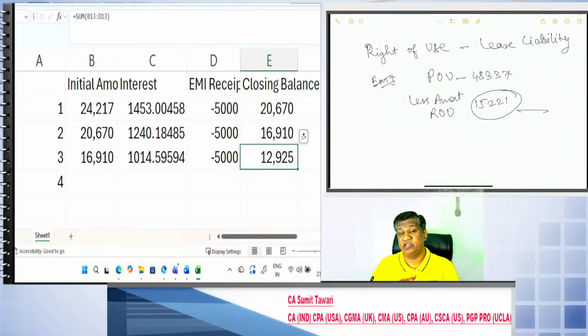So it will not affect. At the end of the lease tenure, the lease liability balance is zero and ROU asset balance is also zero. The only thing is that in finance lease, we equally amortize the amount. In operating lease, whatever may be the lease liability reduction, that we consider as the ROU reduction.